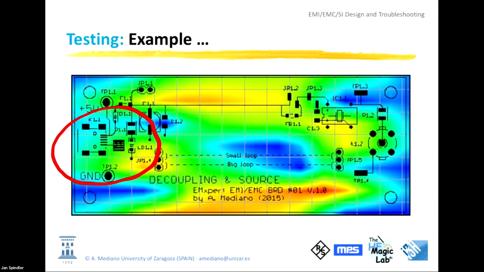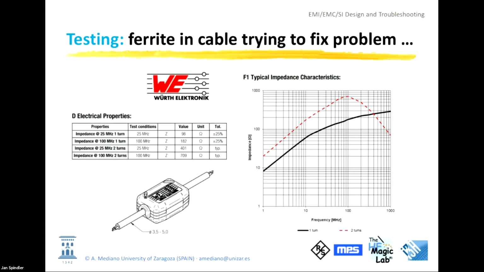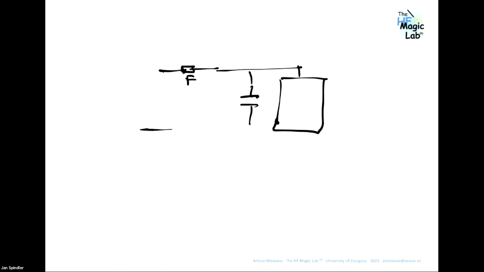This is what I am doing in the schematic. Perhaps we can draw it. The question is what I am doing in the circuit to obtain the differences. So let's draw this with jumpers. This is my integrated circuit. This is my ferrite. This is my decoupling capacitor. And then I have here two jumpers.